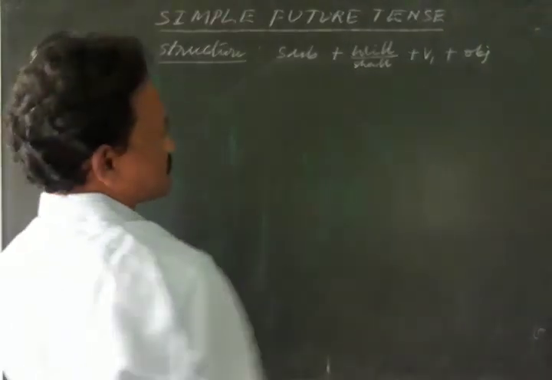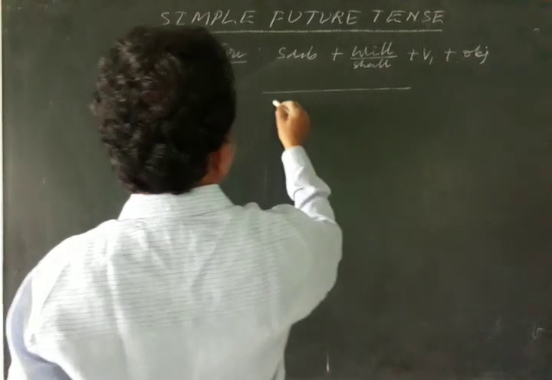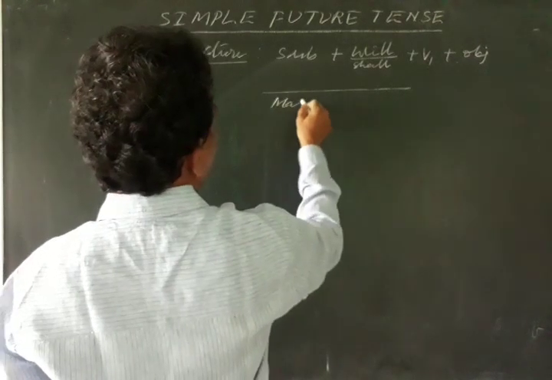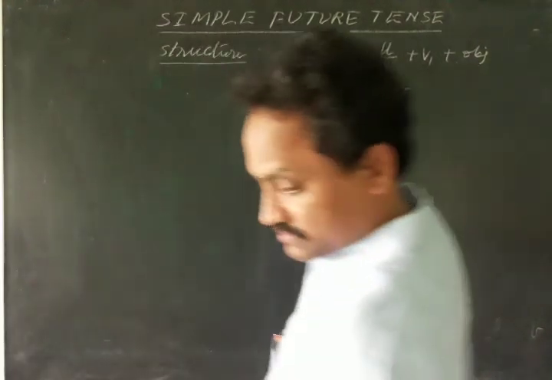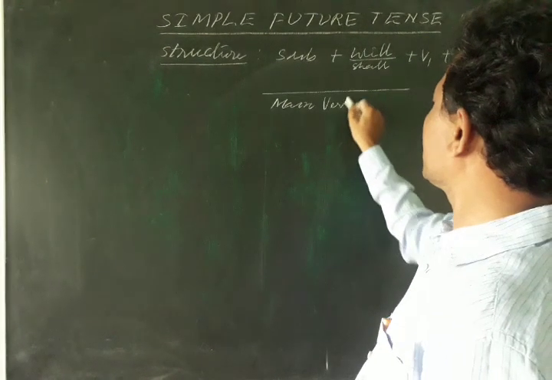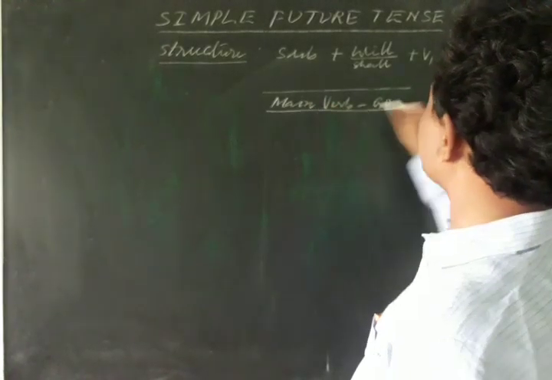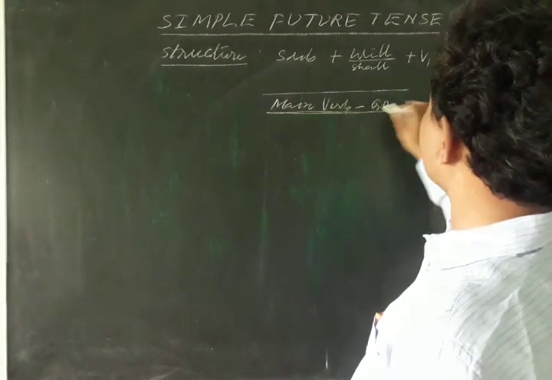Then expand this structure, as you know, with the modal verb and example verb. I am writing here, may go like go. For clarity, from the beginning we use this verb only, go.